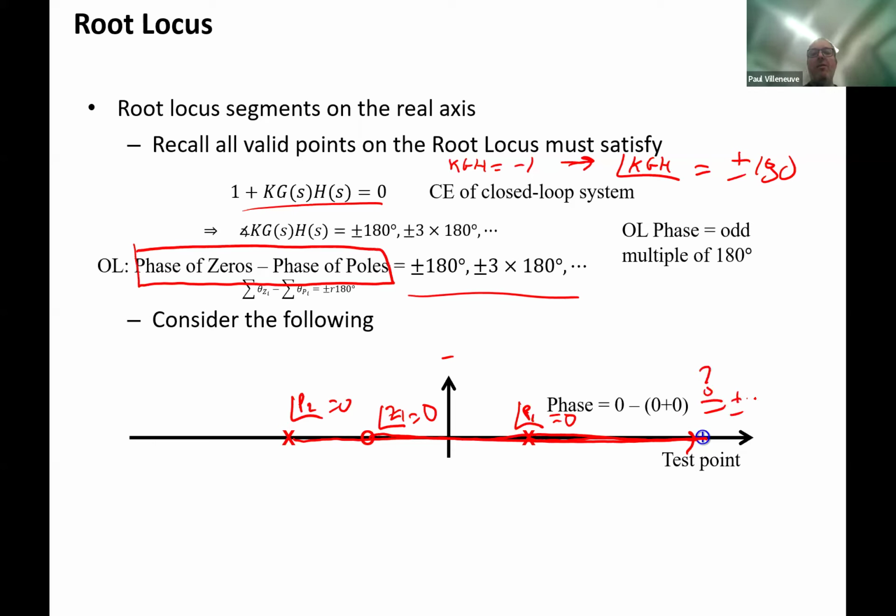Does that equal plus or minus 180 degrees? Doesn't look like it to me. So this is not a valid point on the root locus. This doesn't exist. Let's move my test point over here now.